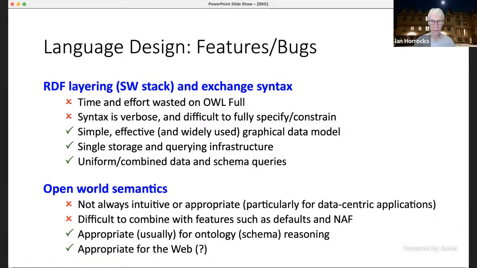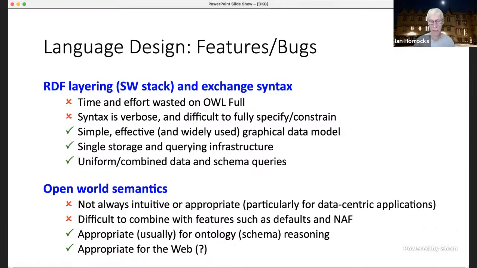Actually, I think this open world semantics is usually quite appropriate when you're designing the ontology, because you're making these kind of general statements about an only partially understood, many possible real incarnations of this ontology.